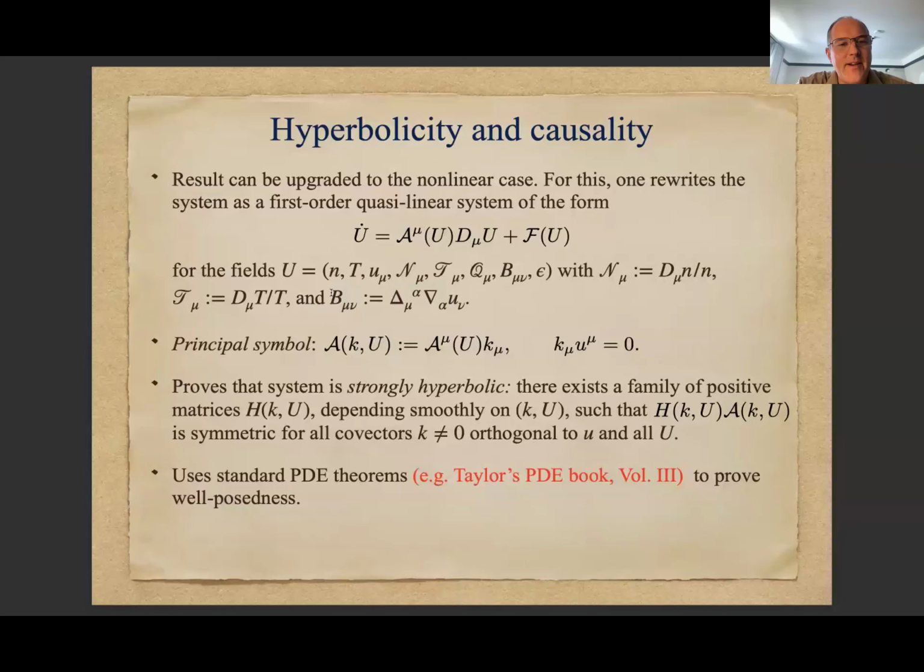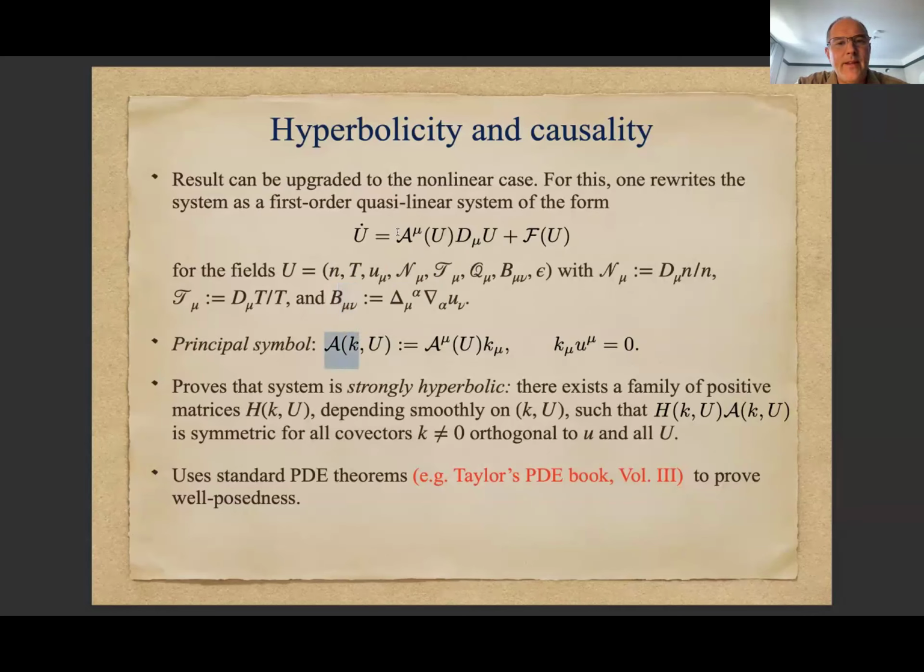This has information about the vorticity: the antisymmetric part would be the vorticity, the symmetric traceless part would be the shear, and the trace part would be the expansion. So we get evolution equations for those along with the other quantities. This is a huge system.